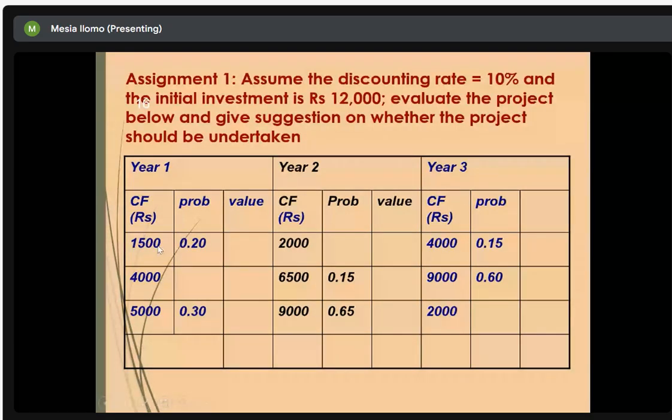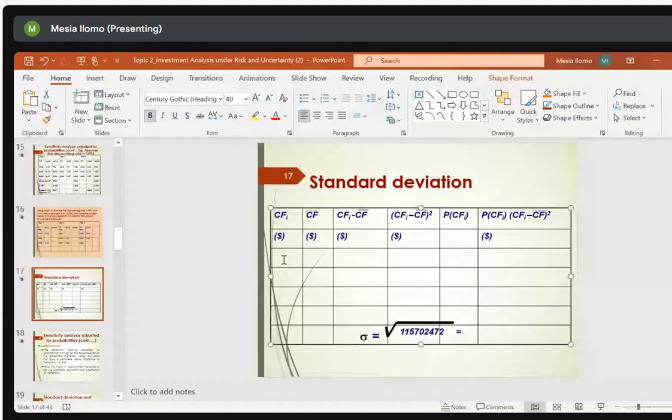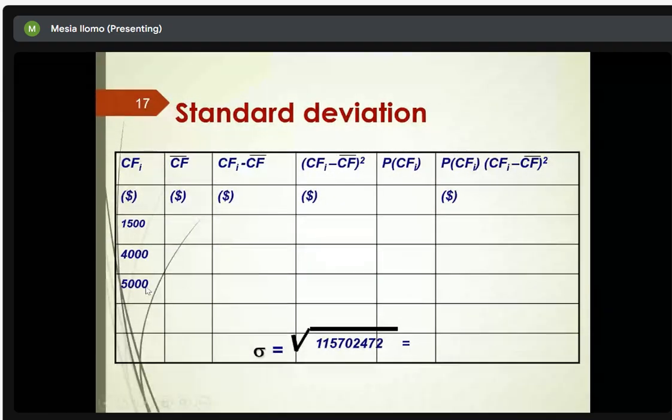You have 1,500, 4,000, and 5,000 in this table here. So these are the cash flows, and what is the mean cash flow for year one?